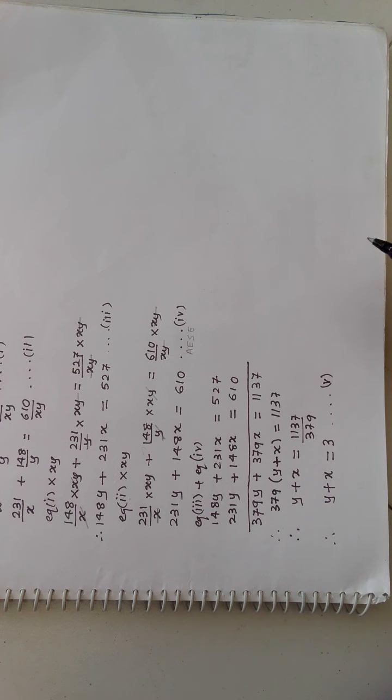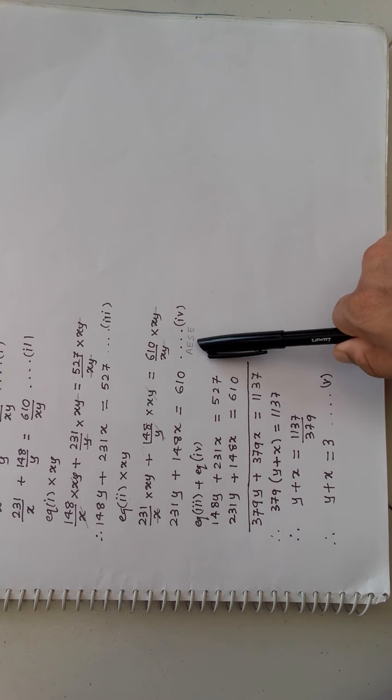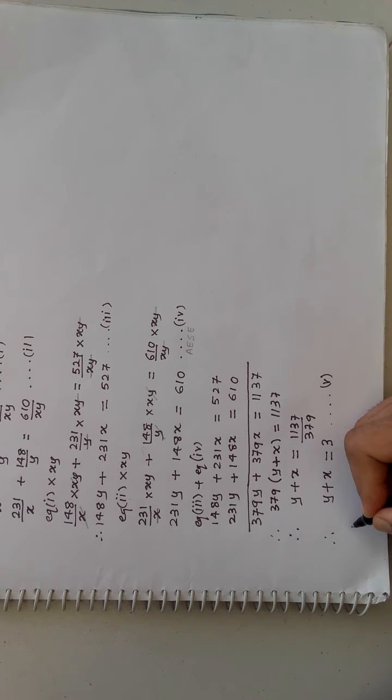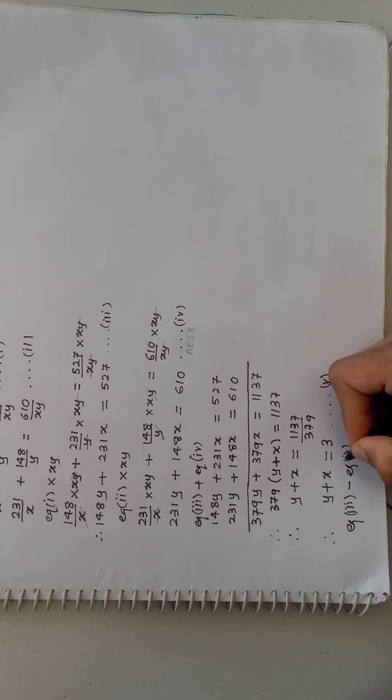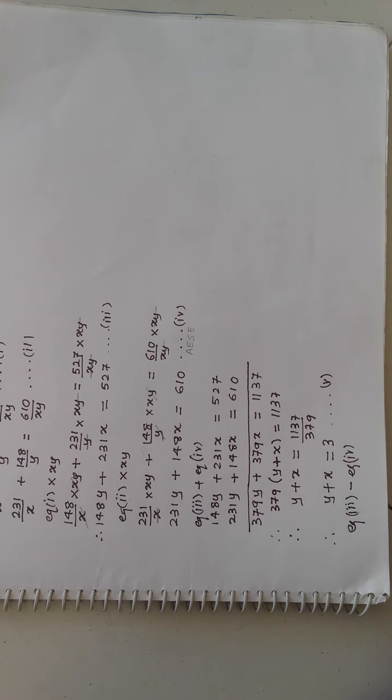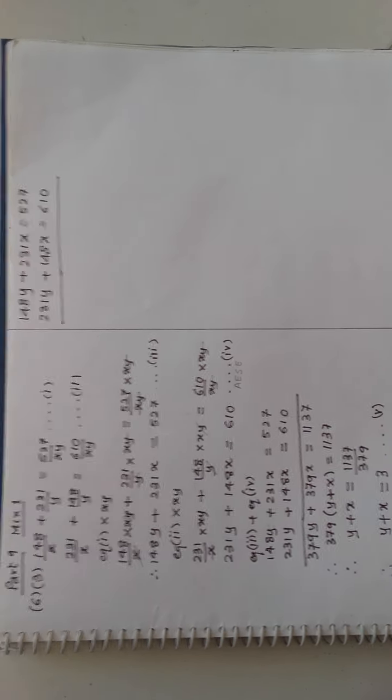Now what we will do is subtract and get the equation, that is, equation number 3 minus equation number 4. Don't change the order. So after this, you will get one more equation.